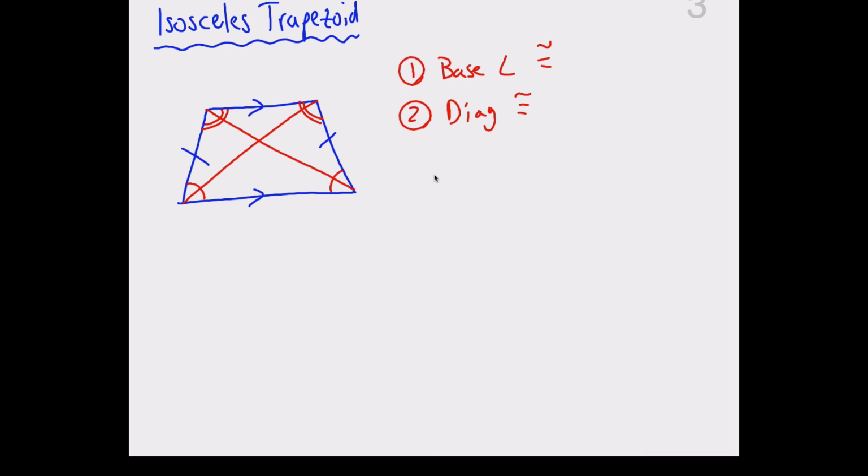Wait, so the angles are only congruent in an isosceles trapezoid, not just a trapezoid? You got it. Yep. There's pretty much nothing interesting about a trapezoid. So all these things that you think might be true apply to an isosceles trapezoid.